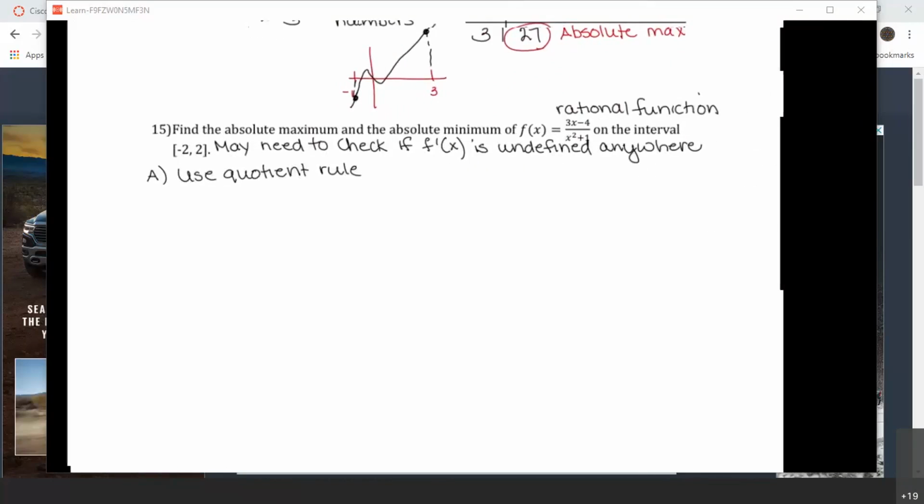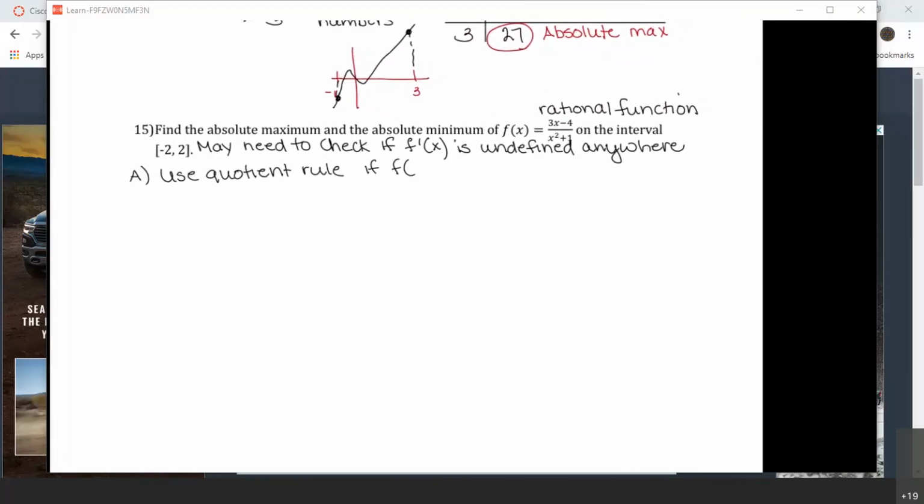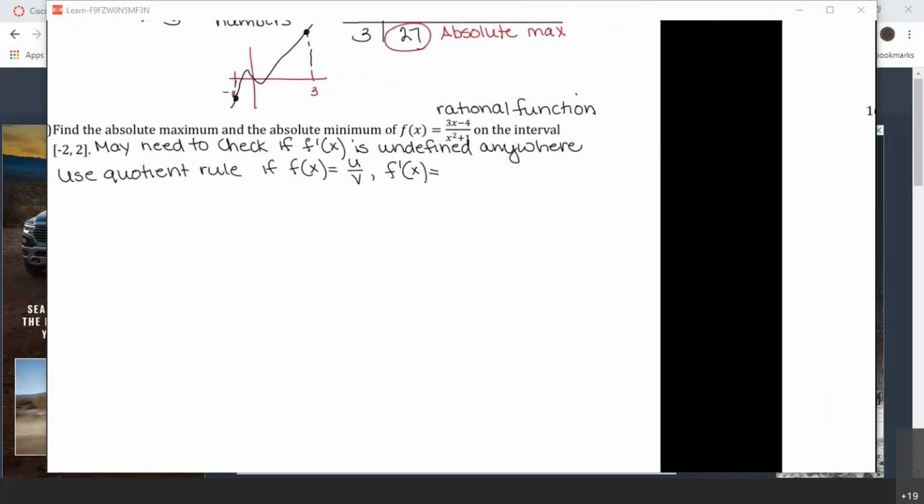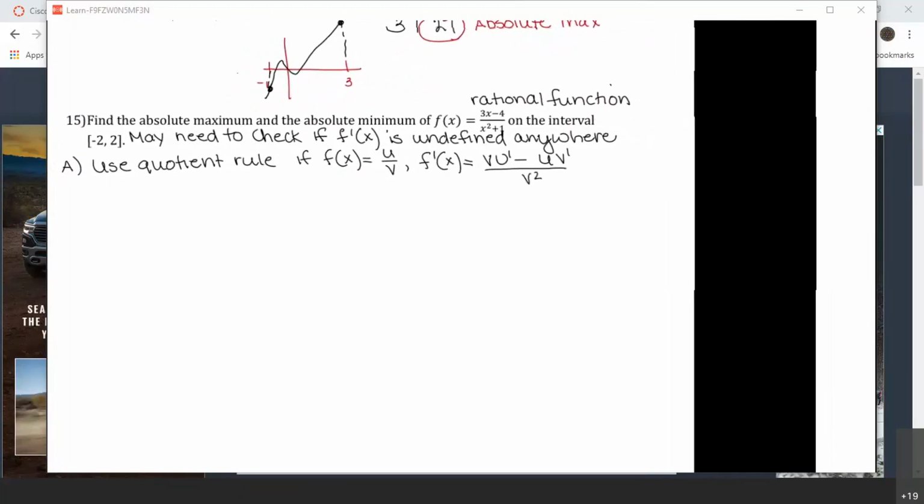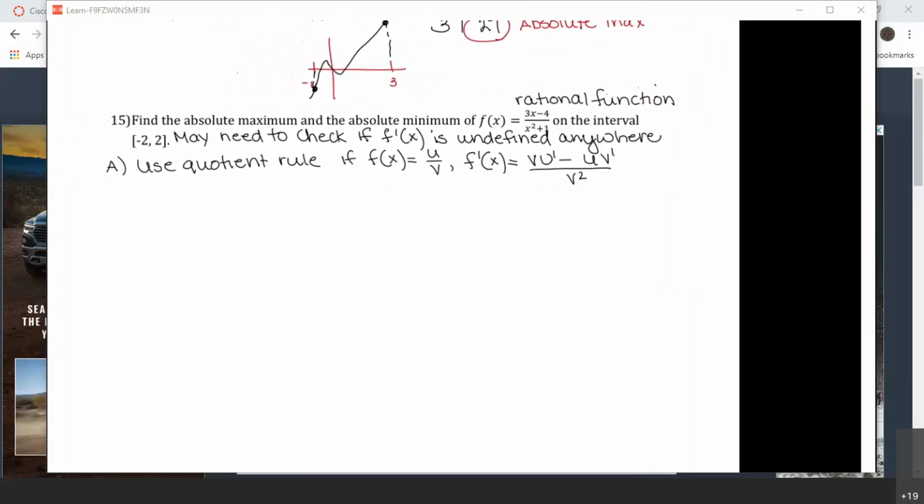Okay, and that basically says if f of x equals u over v, f prime of x equals denominator function first, okay? So denominator function times derivative of the numerator minus numerator function times derivative of the denominator all over denominator squared. So there's my pattern for the quotient rule.